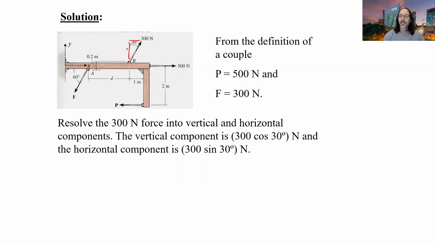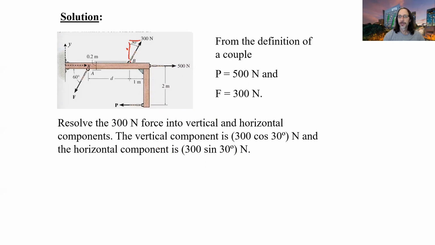The adjacent side is this side. The angle here is 30 degrees. So our vertical component will be 300 cos 30. Our horizontal component is the opposite side here, so that's the sine of the angle. So 300 sine 30 will give us our horizontal component.